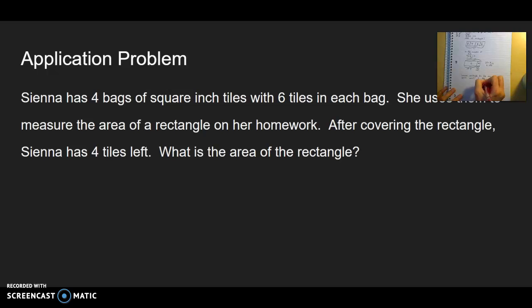I know this because I found out how many tiles Sienna had all together.